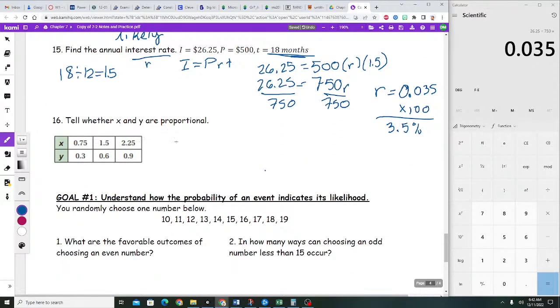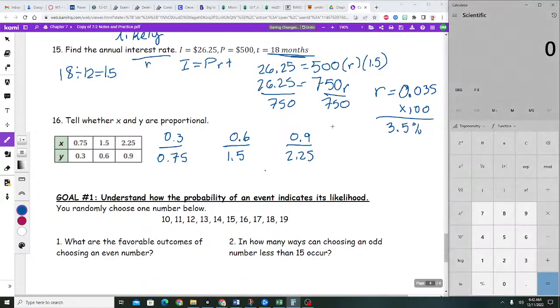Tell whether x and y are proportional. So we're just going to divide 0.3 by 0.75 and get an answer. We're going to divide 0.6 by 1.5 and get an answer. And we're going to divide 0.9 by 2.25 and get an answer. So let's see what these answers are. 0.3 divided by 0.75 gives me 0.4.